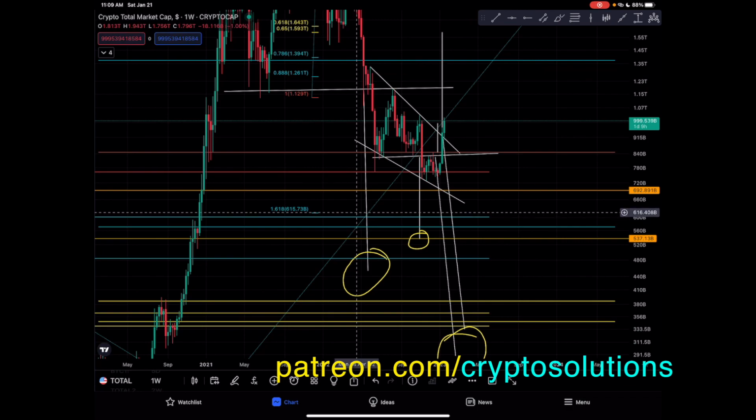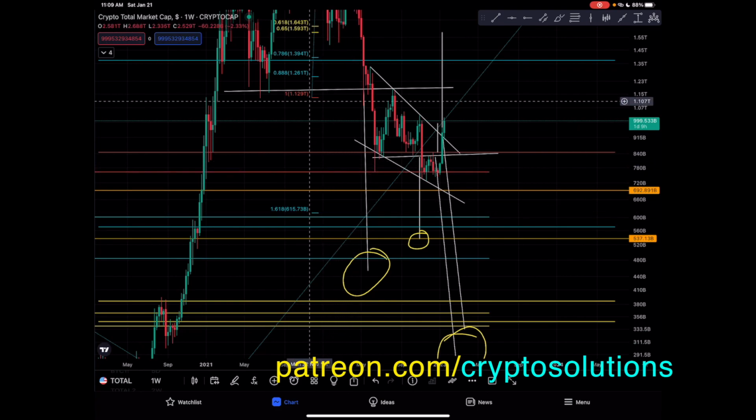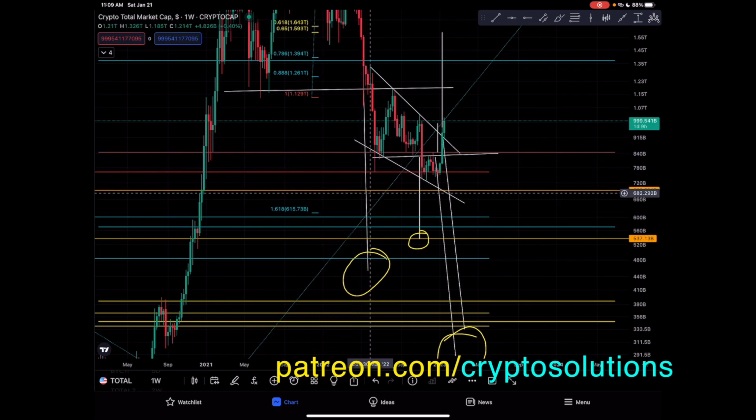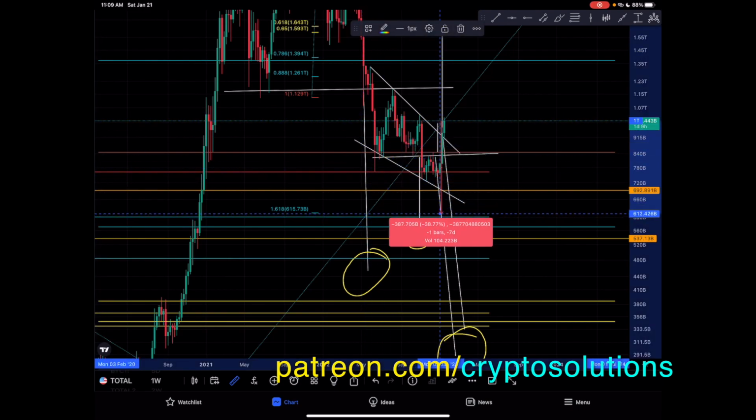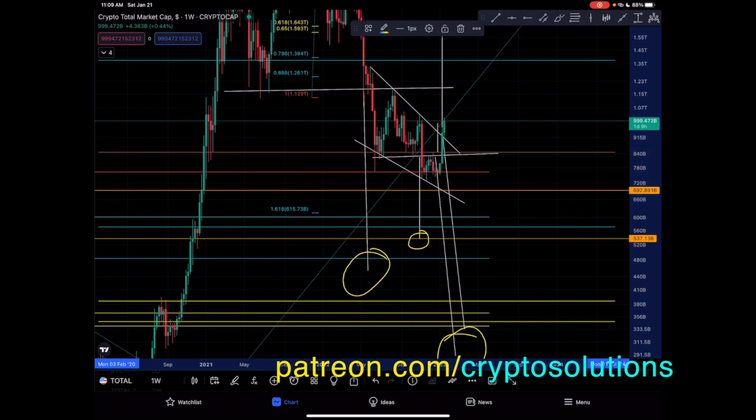This hasn't been met, okay? And it hasn't completed most of the movement also here. So that would be around $615 billion, okay? That would be a pullback from here to here, around another 38% pullback.